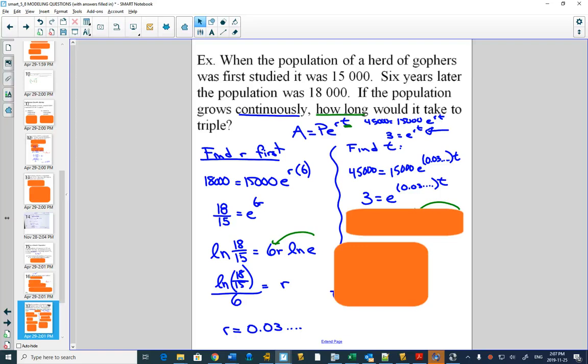In the brackets here, I've got the 0.03. Do you notice how I put dot, dot, dot, dot? It means I'm keeping all of my decimal places until the very end. Again, t is an exponent. Take the log of both sides. After taking the log of both sides, you can divide.